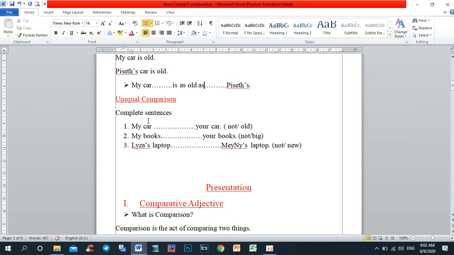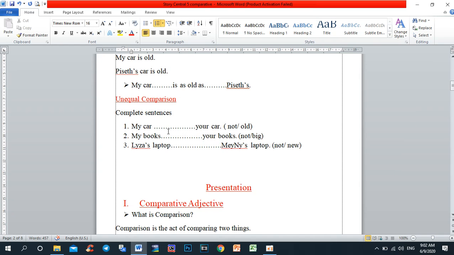So you have to complete sentences. In here, my car and your car, and then not and old. So unequal comparison. Do you remember the form? Yes.